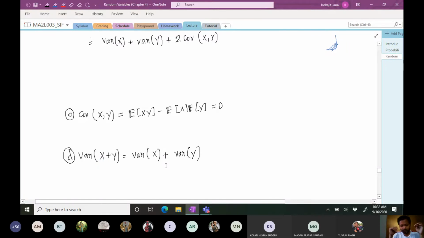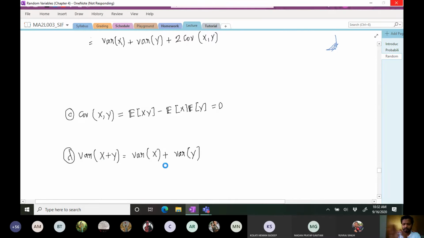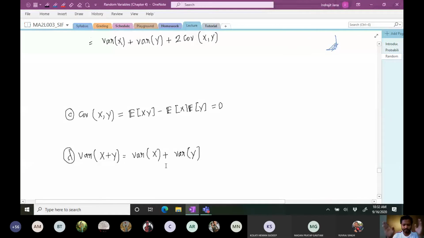Once again, compare it with expectation. I can write expectation of x plus y is equal to expectation x plus expectation y always, no matter whether x and y are independent or dependent. Expectation of a sum of random variables always splits. But for variance of x plus y, you can write variance x plus variance y only if the covariance is 0. Otherwise, there will be this extra covariance term.